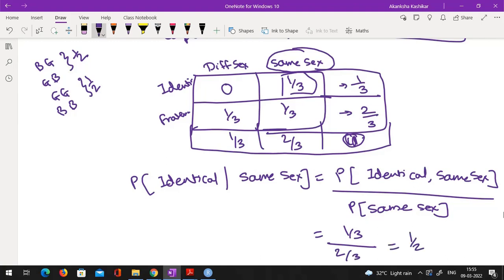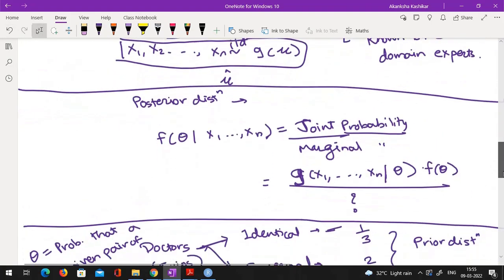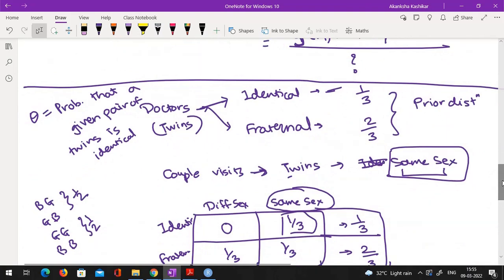So the probability of identical twin given that they are of same sex is half, whereas normally, on the basis of no data, the prior probability was 1 by 3. So in the presence of this data that the twins are of same sex, the probabilities have changed. The distribution of identical and fraternal twins has changed.